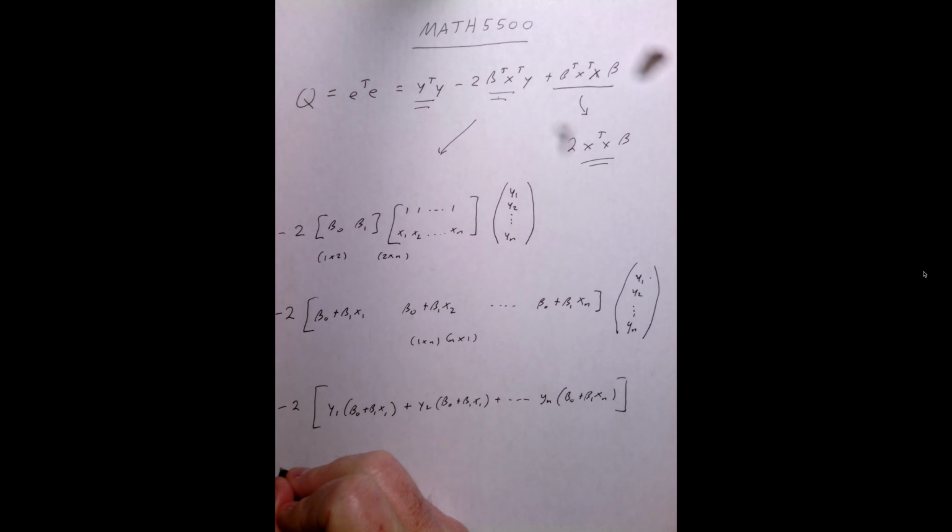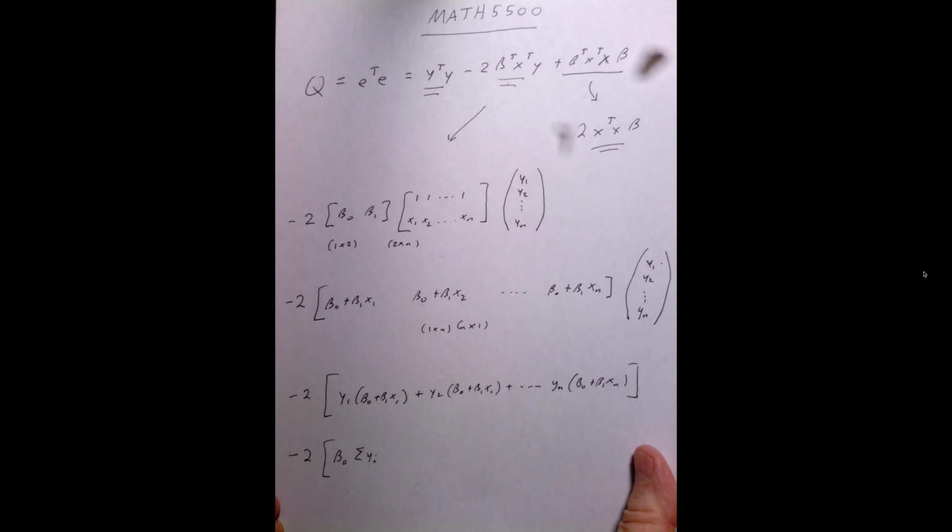Okay, so this will become -2, and I can see that if I concentrate on the beta 0, I'm going to have y1 times beta 0 plus y2 times beta 0. So I think it's pretty clear to see that this is just beta 0 times the sum of the y sub i's, right? Let's get this up where you can see it.